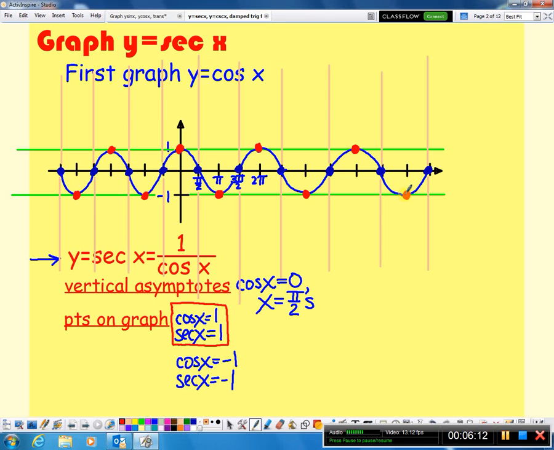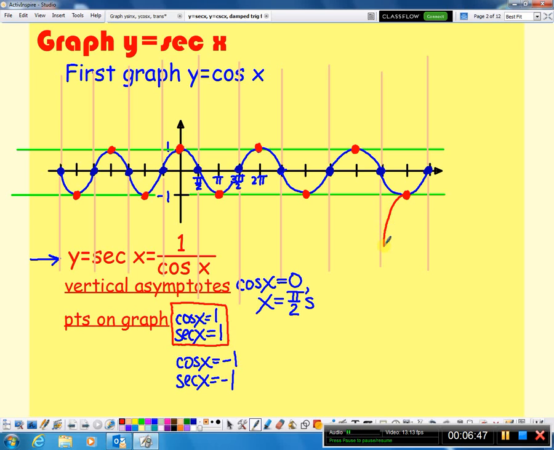It looks like I have a place on the graph between two vertical asymptotes, and because the cosine graph is below the x-axis, that means cosine's negative, and whenever cosine is negative, secant must also be negative. So I've got to figure out how to attach my graph to this red minimum and then make it be attracted toward this left and this right vertical asymptote. It's got to stay below the x-axis because it must be negative.